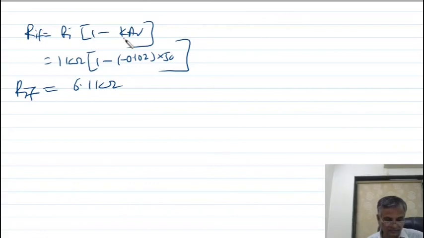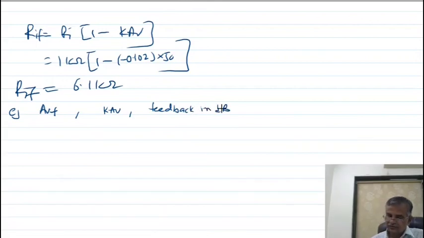Now the last question, the loop gain. A, B, C, D we have seen D. Now we will see E. Find AVF, the loop gain, and feedback in decibel.